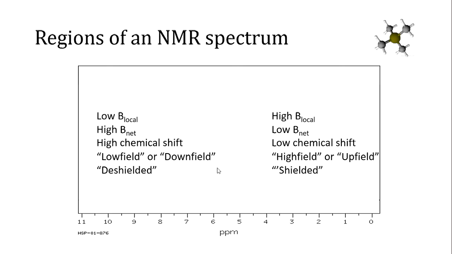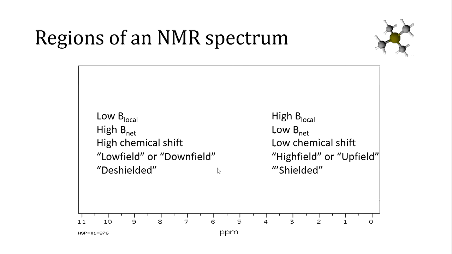On the left, with the high chemical shift, you have protons that are experiencing low B local, so very little shielding from electrons. High B net, because they feel a lot of the applied external magnetic field, they have high chemical shifts.